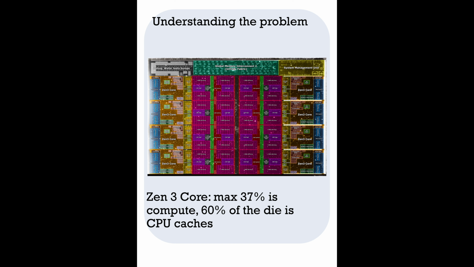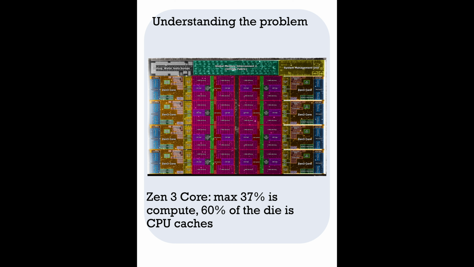If you look in pixel ratio at least, you will see like 60% of the die is CPU caches, and around 37% is compute. Depending on how you calculate, it could be a bit less, and your program will most likely use definitely less than 37% of compute, and very likely it will use most of the caches, especially if you use a multi-core program.